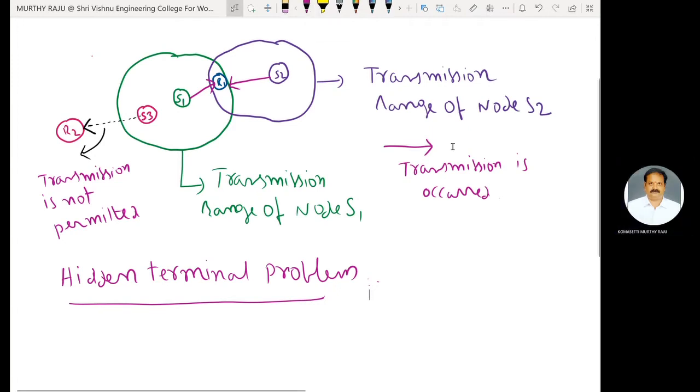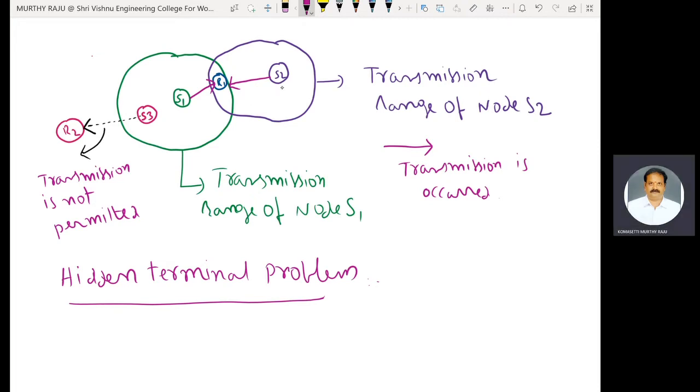Here S1 is one node. The transmission range is indicated by the green circle. S2 is another node. Its transmission range is indicated by the blue circle.